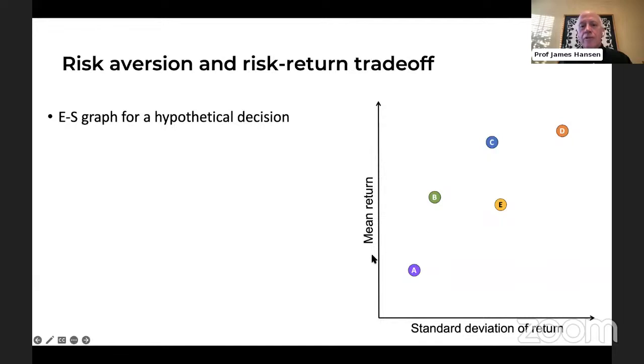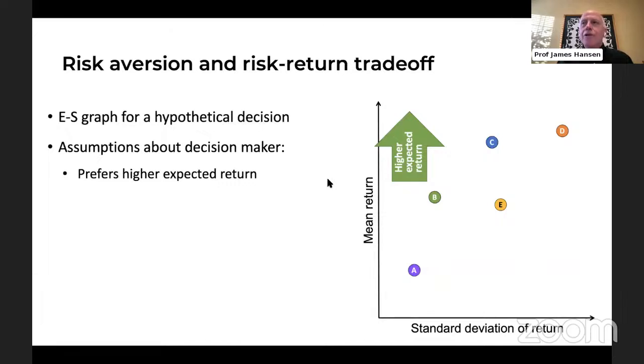The mean return, expected return is on the vertical axis, standard deviation on the horizontal axis, and the 5 letters represent the long-term mean and standard deviation of net returns for some agricultural decision that has 5 different options that the farmer may consider. This is hypothetical, it's not a specific decision, but just think of any farmer decision that is sensitive to climate conditions.